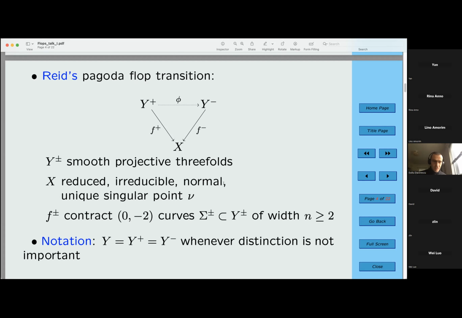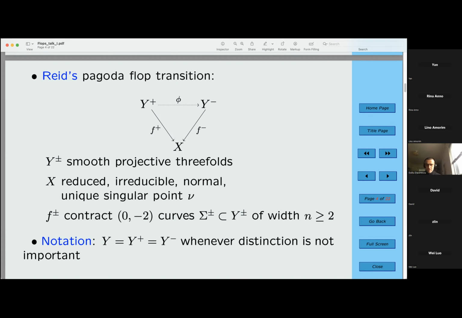So the exceptional loci of these contraction maps are rational curves, like projective lines embedded in Y plus and Y minus, but they're embedded in such a way that the normal bundles are of type (0, -2), as opposed to (-1, -1), and they have a finite width.